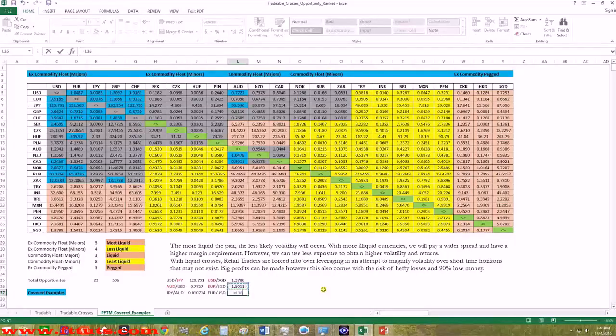So we divide the currency that's going to be first, the euro cross rate, by the currency that's going to be second, the dollar cross rate. And we get 1.088732.